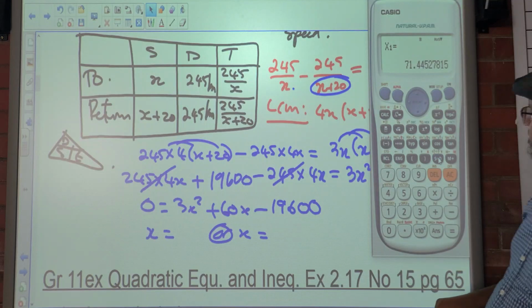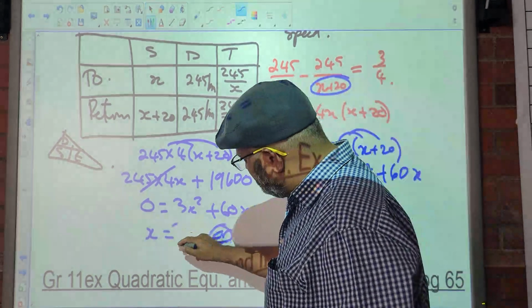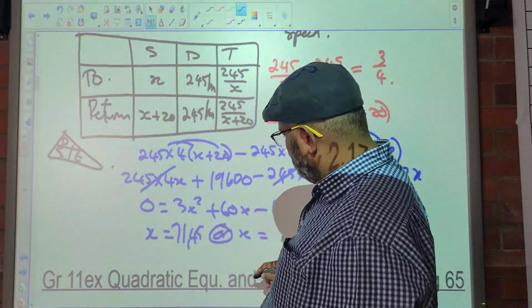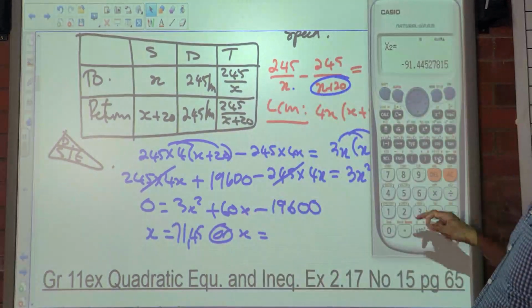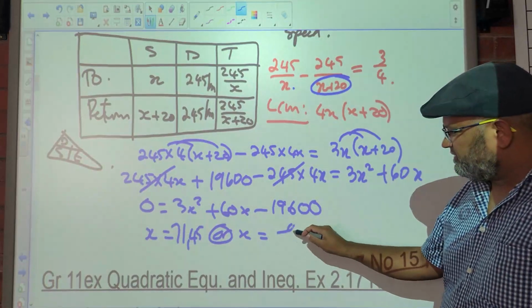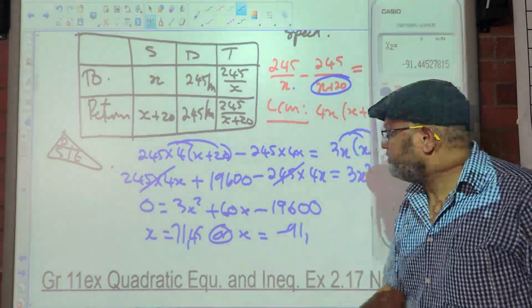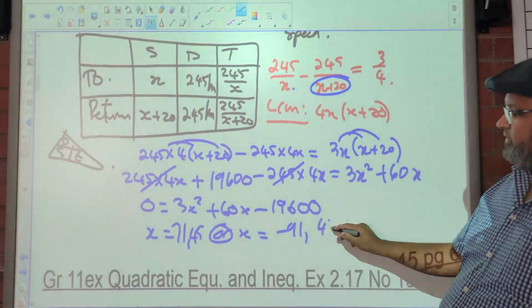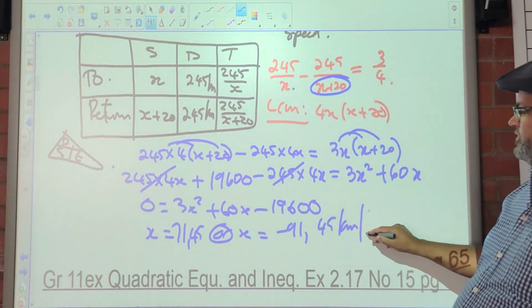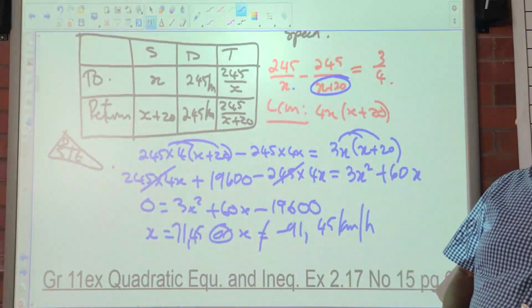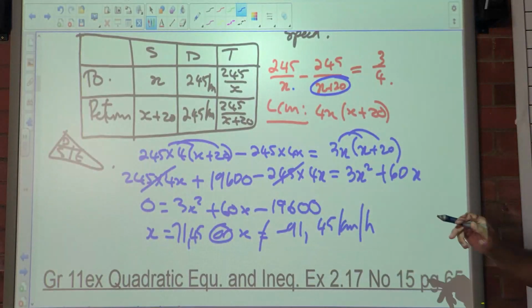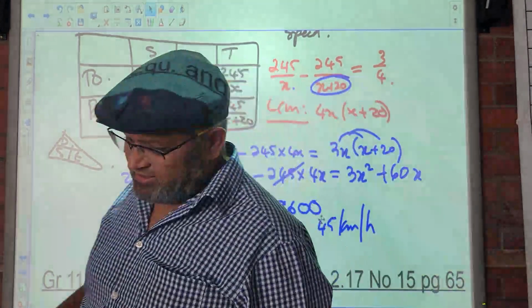It gives me an answer of 71,45. And the other one is, of course, negative 91,45. But can you do a negative speed? No. So the initial speed is 71,45 kilometers per hour.